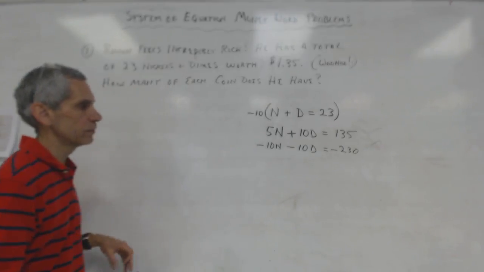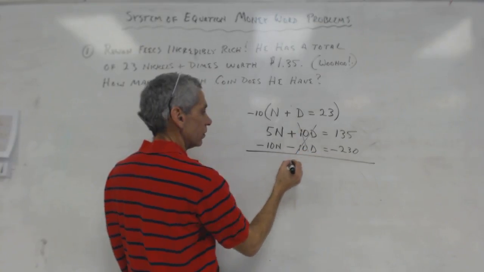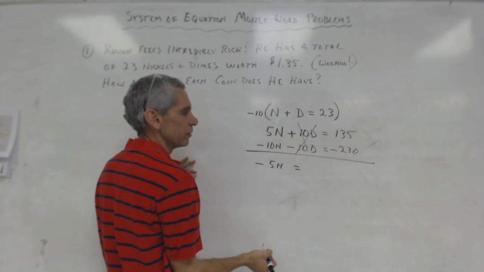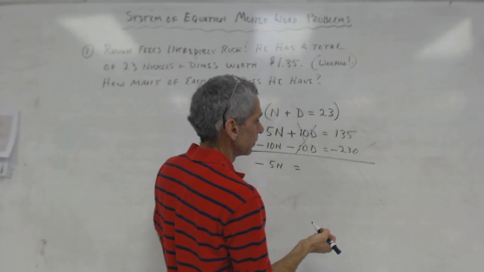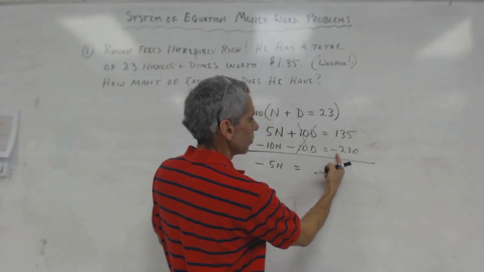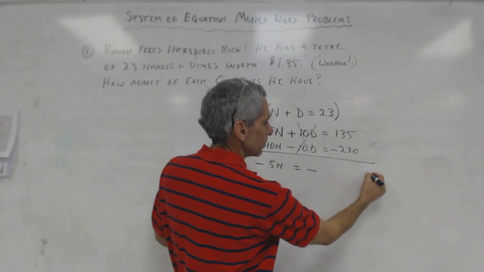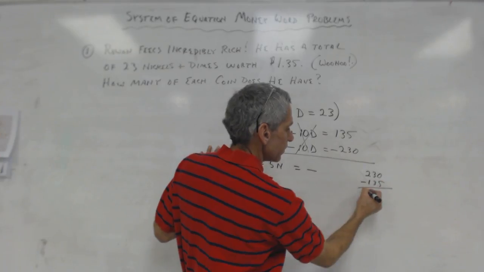Does that make sense? All right, so now I'm going to add these together. These cancel out. That gives me -5n equals, is that 95? Let's see, 230. So when the signs are different, I keep the sign of the bigger number, and then I subtract the littler number from the bigger number. So that's 95.